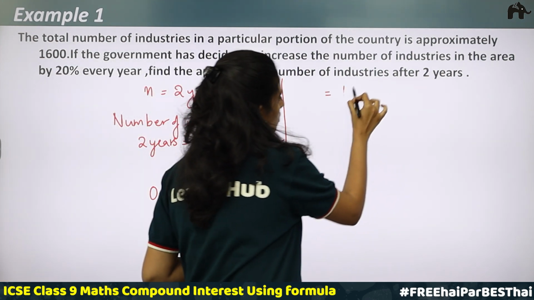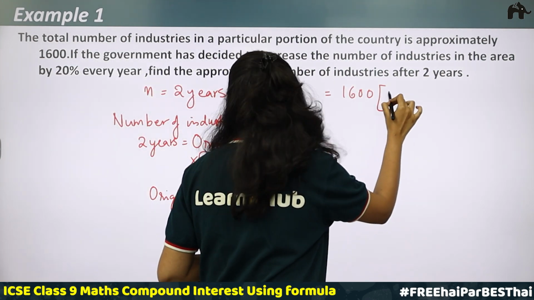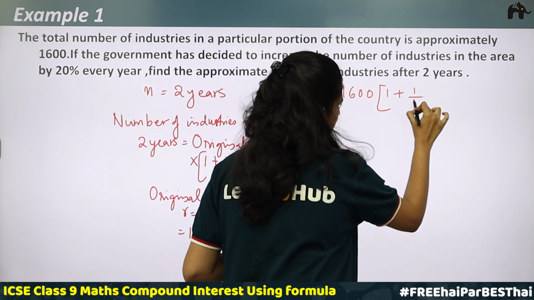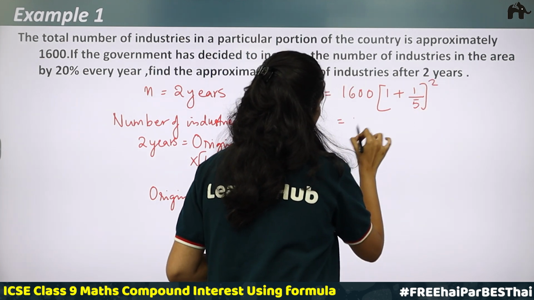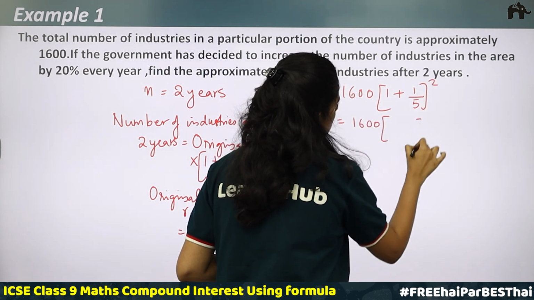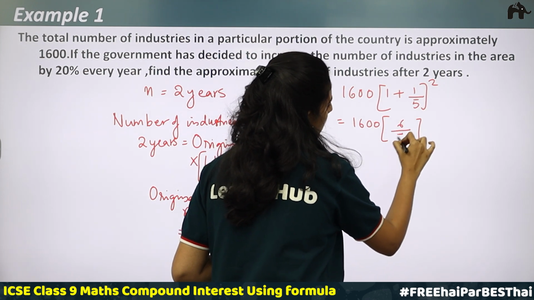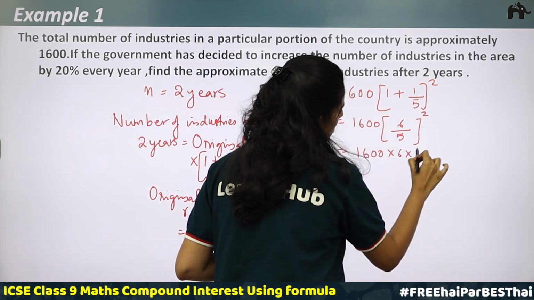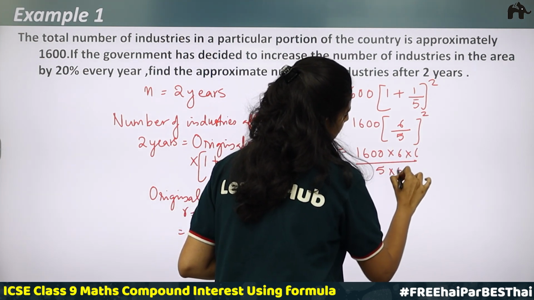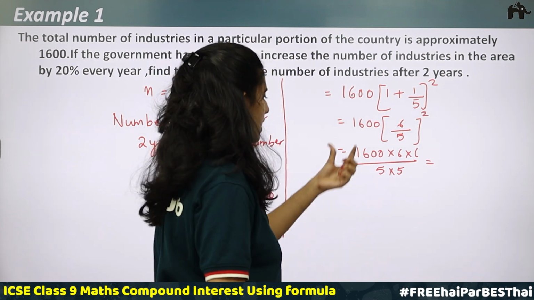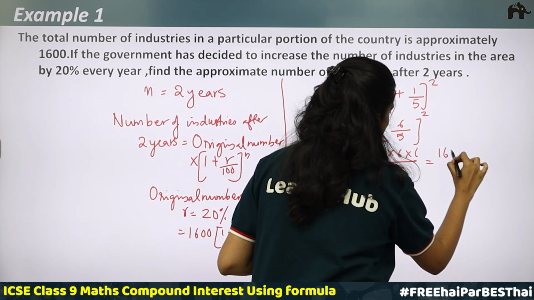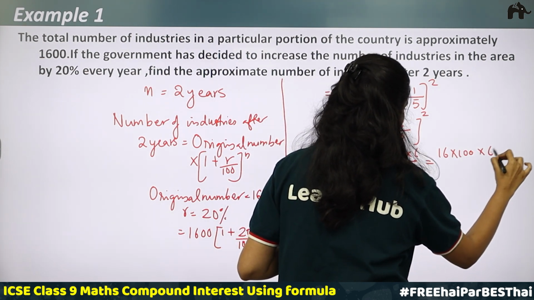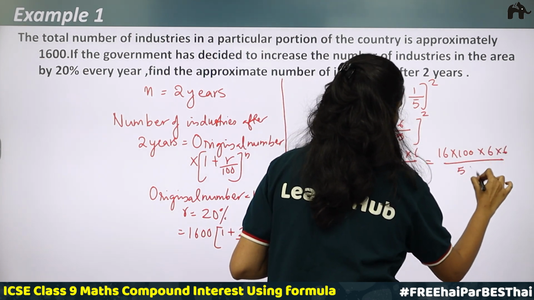Equal to 1600 into 1 plus, what is 20 by 100? 20 by 100 is 1 by 5. 1 by 5 whole square, 1600 into 5 plus 1, 6 divided by 5 square, equal to 1600 into 6 divided by 5 into 5, which is equal to, here this can be written as 16 into 100 into 6 divided by 5 into 5.